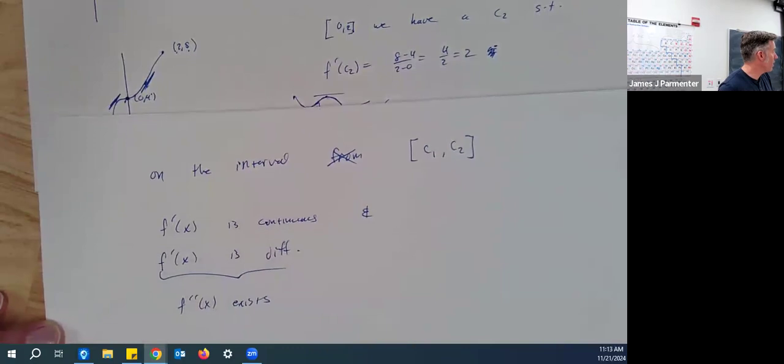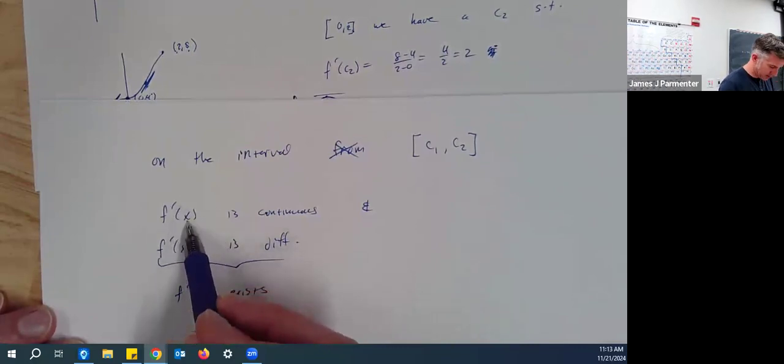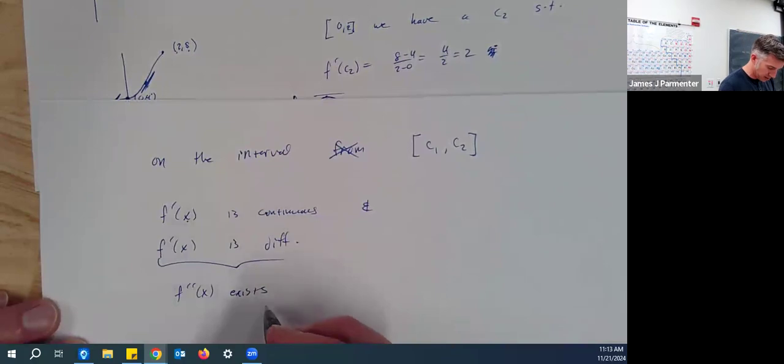But those are the criteria of the mean value theorem. So we're going to say, okay, well, f prime of x is continuous, f double prime of x exists and is continuous as well.